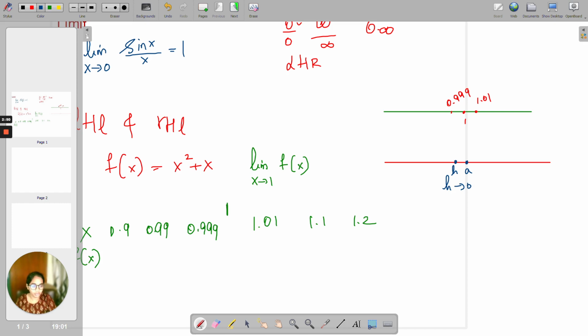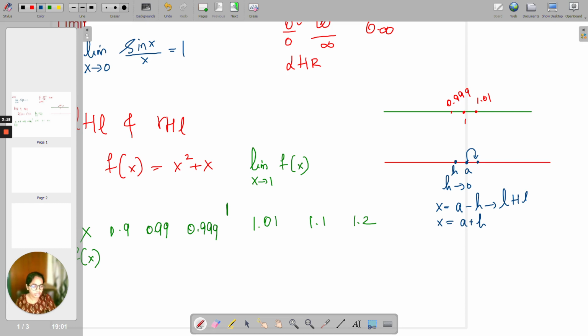So I can write this point as x is equal to a minus h. This is our left hand limit. For our right hand limit, the h value would come on the right hand side. The distance is very small. So x would be a plus h.